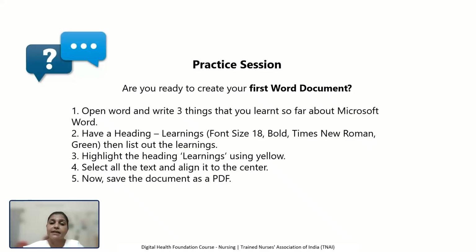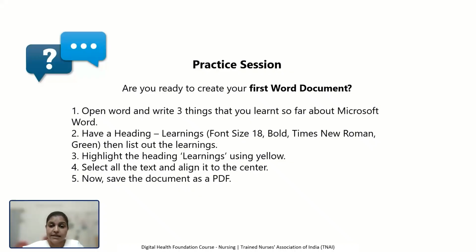Next, insert a heading titled Learnings and apply the following formatting. Font size 18, bold, font style Times New Roman, font color green. Then highlight the heading in yellow using the highlight tool from the Home tab.